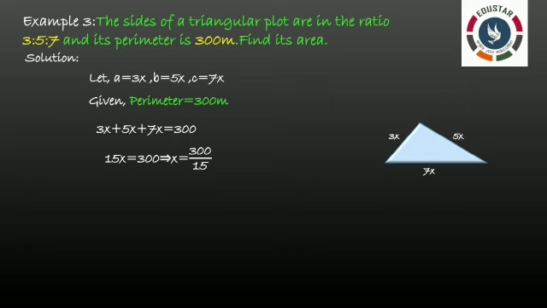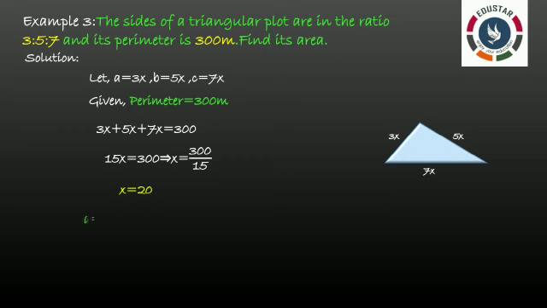So x will be how much? 300 by 15, which is equal to 20. So your x value is how much? 20. Now in the beginning what we have taken? A is equal to 3x, right? So now substitute the x value and find a, b, c values.